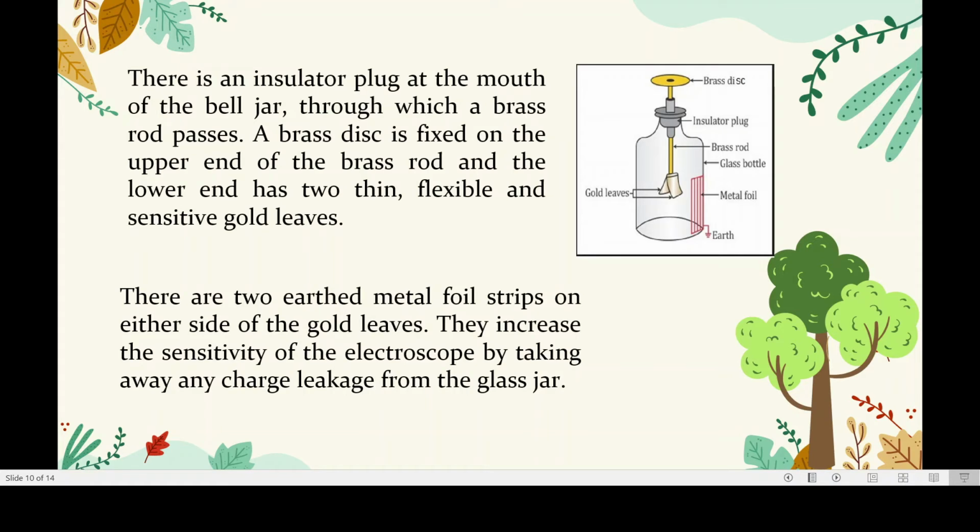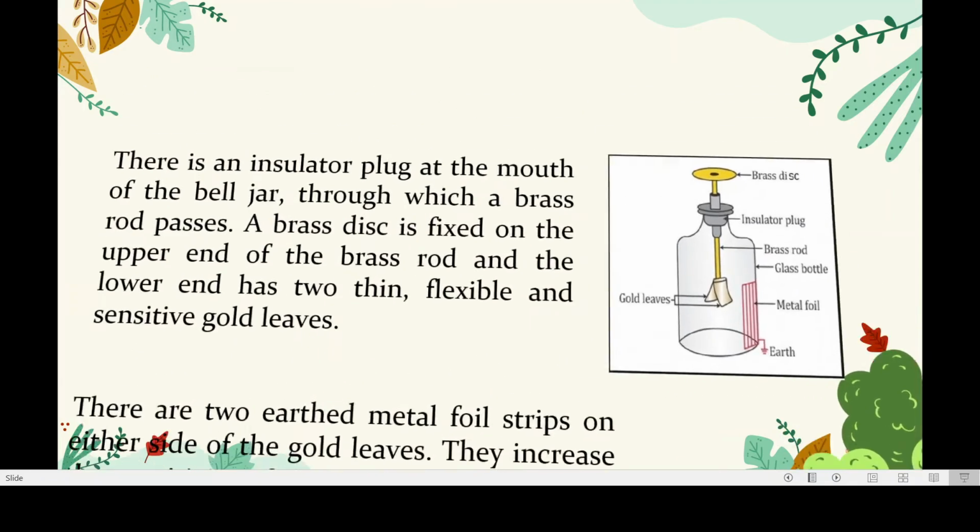There is an insulator plug at the mouth of the bell jar through which a brass rod passes. A brass disc is fixed on the upper end of the brass rod and the lower end has two thin, flexible and sensitive gold leaves. There are two earthed metal foil strips on either side of the gold leaves. They increase the sensitivity of the electroscope.